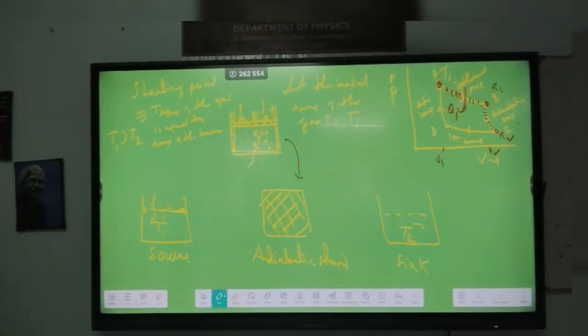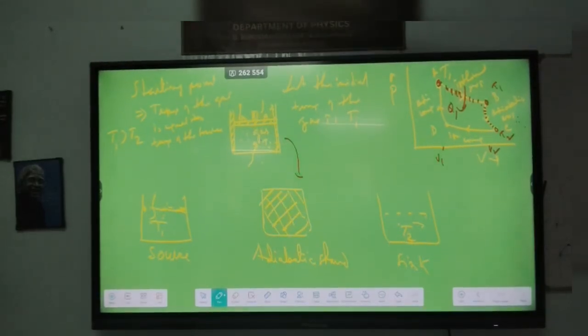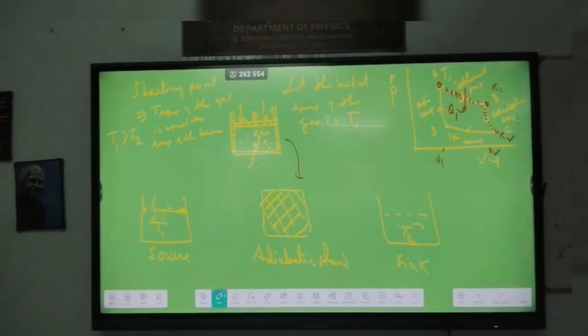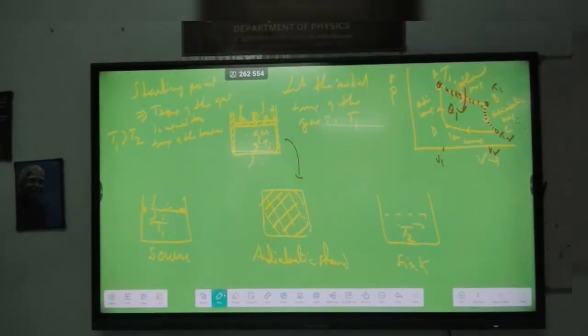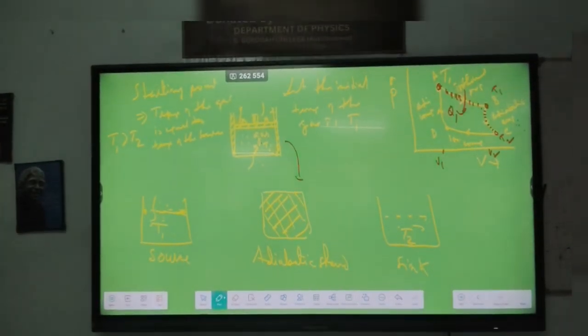If you want to make it expand, then you have to reduce the pressure. That is why I say the weight has to be reduced. I have to reduce the weight, that means I am decreasing the pressure, so it is expanding. So that is why it is expanding and coming from B to C, and temperature has been reduced from T1 to T2. Okay? So is it clear up to this point C?